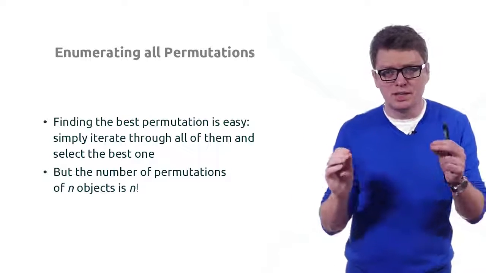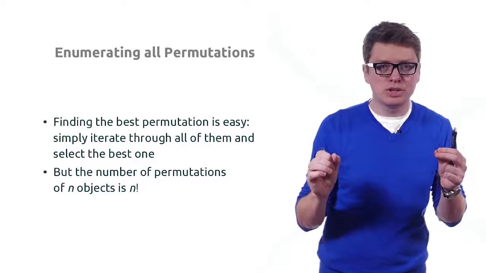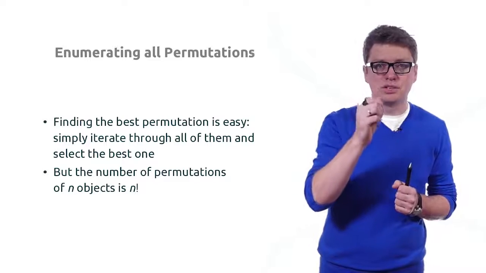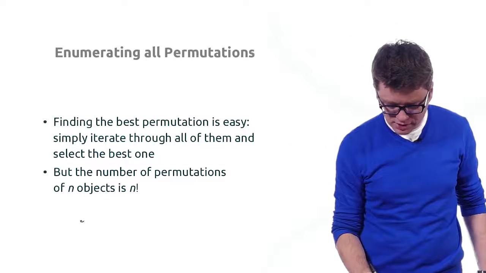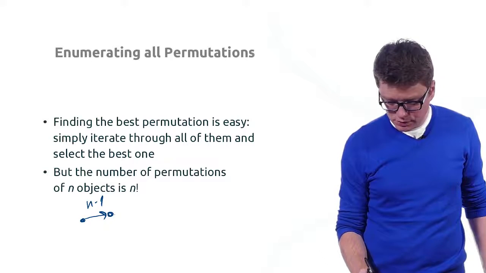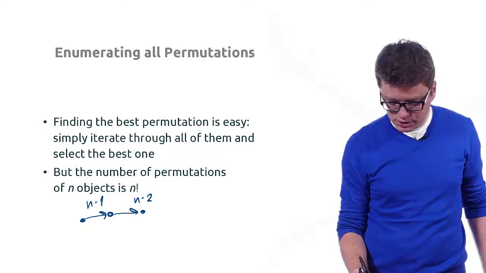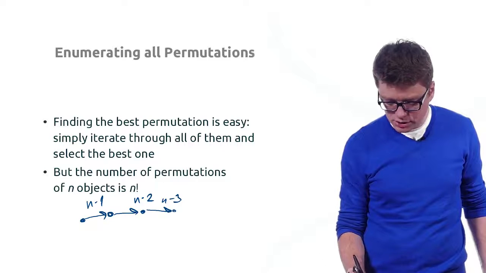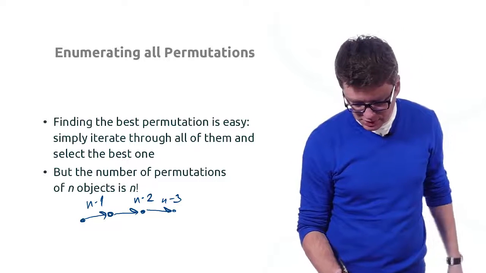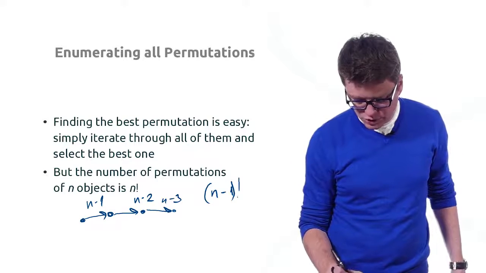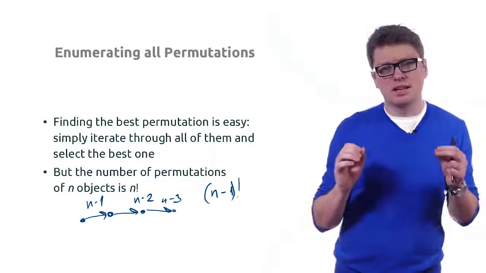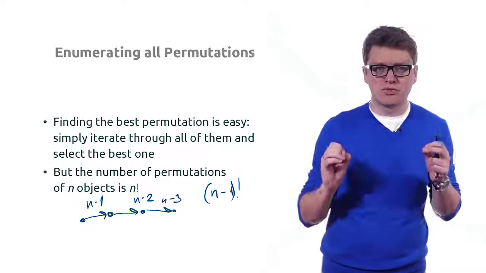So n factorial is the number of all permutations of n objects, but because we can assume that the first node is fixed, for the second node there are n minus 1 choices, for the next one there are n minus 2 choices, for the next one n minus 3 choices, and so on. So the total number of different cycles is (n minus 1) factorial, which is almost the same as n factorial. And unfortunately, the n factorial function grows extremely fast.